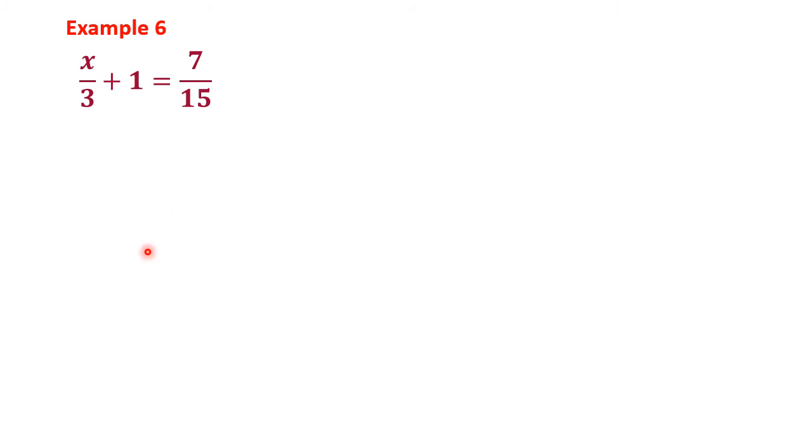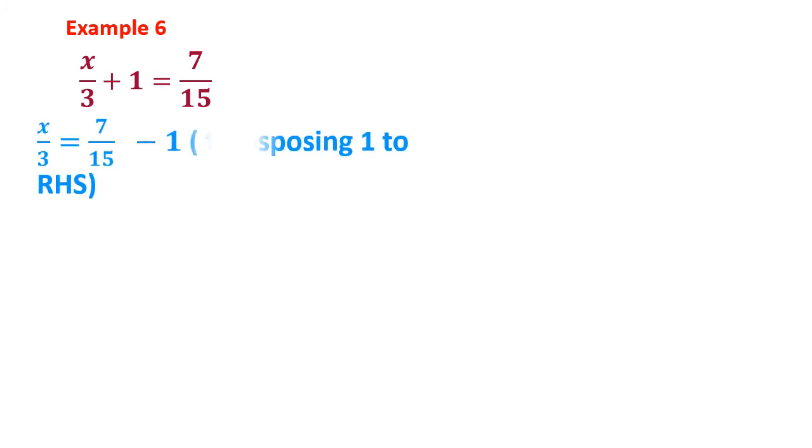Now, can you recall which step will be first? Yes, first we have to eliminate 1 from LHS. When we eliminate plus 1 from LHS, it will move to the RHS and it will become minus 1. So we have transposed 1 to RHS.